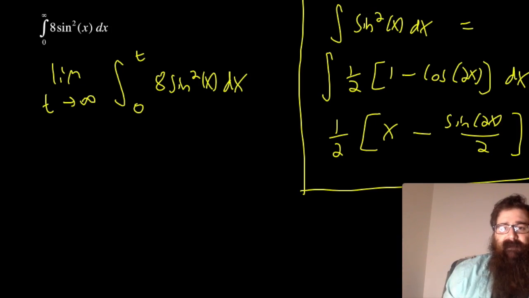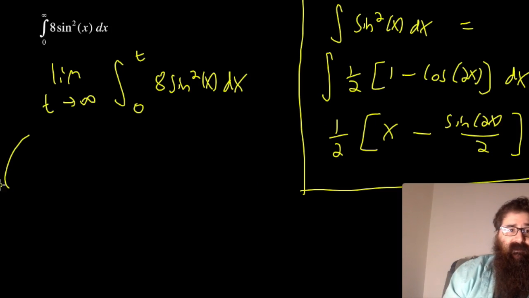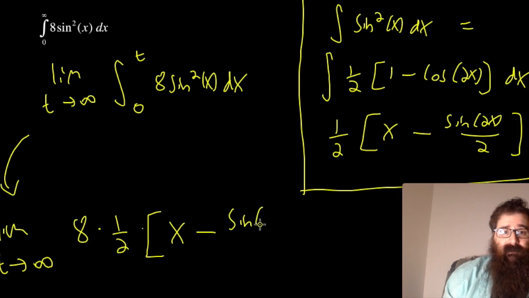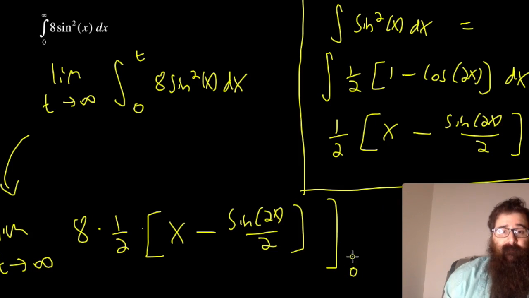I actually have this improper integral that I'm computing. So I'd say, well, I can use this result here. I have my work for it. So this is the limit as t goes to infinity of 8 times 1/2 times, in parentheses, x minus sine of 2x over 2. I don't need the constant anymore, and then this is evaluated from 0 to t.